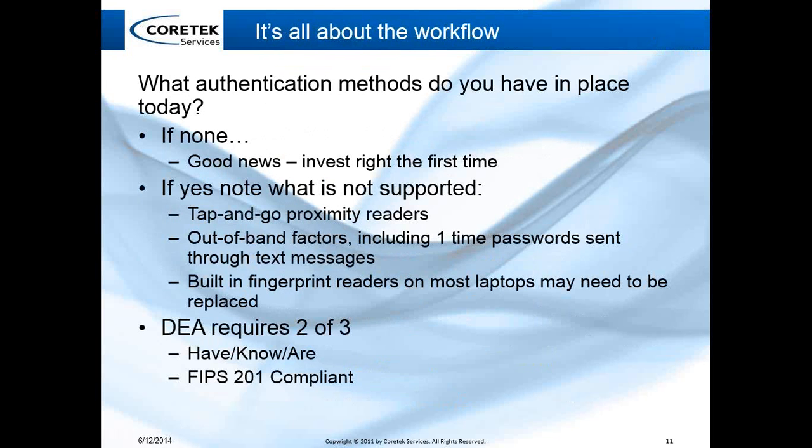The DEA requires 2 of 3 of those things to be in place and to be secure. And what do I mean by secure? FIPS 201 compliant. That means security algorithms in place allow for error rates of less than 1 in 1,000 in being able to do positive identification. So, backing up, or to recap, what am I saying here?